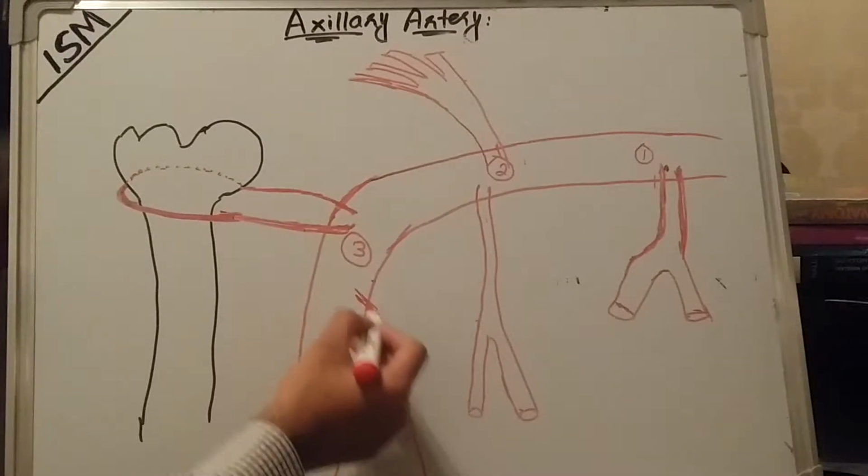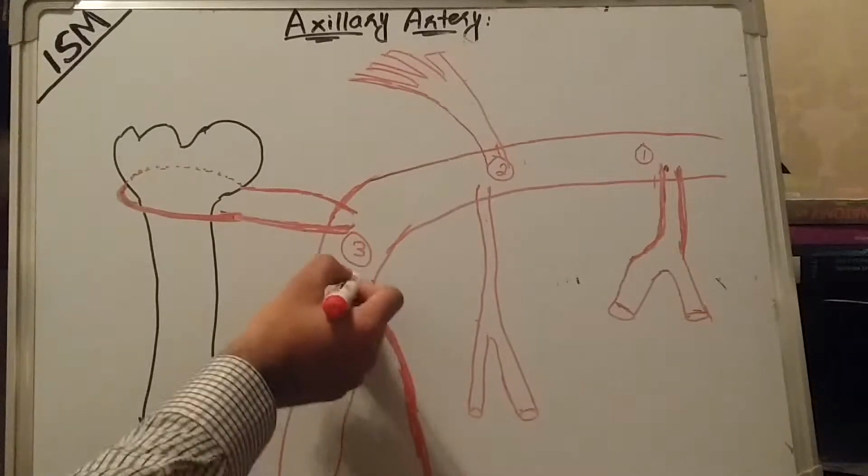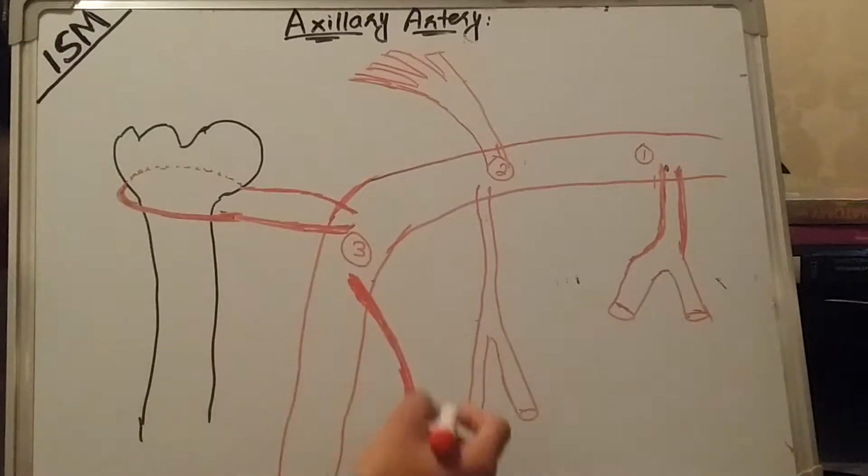The subscapular branch divides into two smaller sub-branches. One is called the circumflex subscapular and the other is the thoracodorsal.